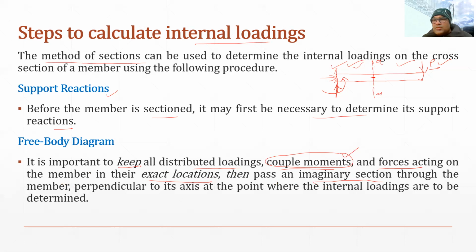So this AA section is the imaginary section, perpendicular to its axis, at the point where the internal loading is to be determined. So this is the point where we are required to find out the internal loading. We will pass the imaginary line along this point, which is line AA.